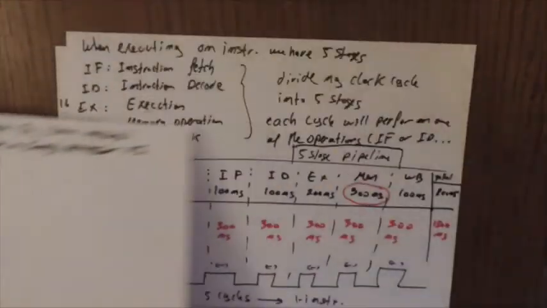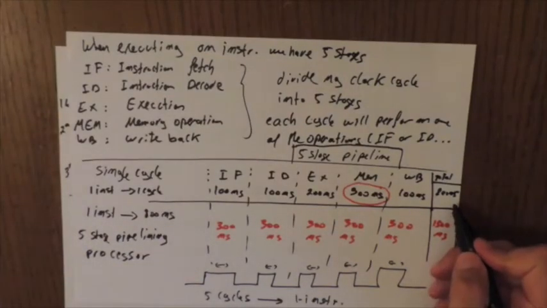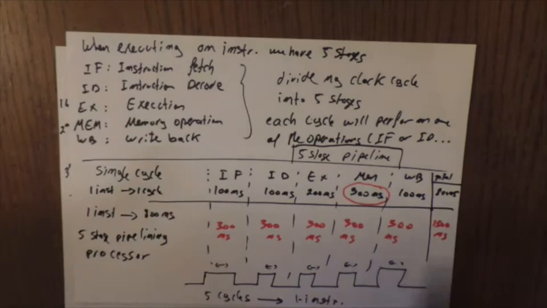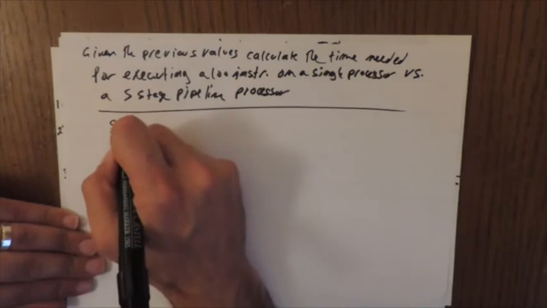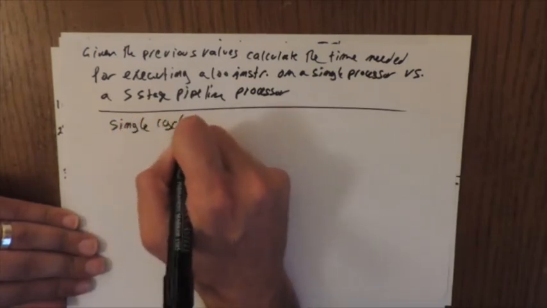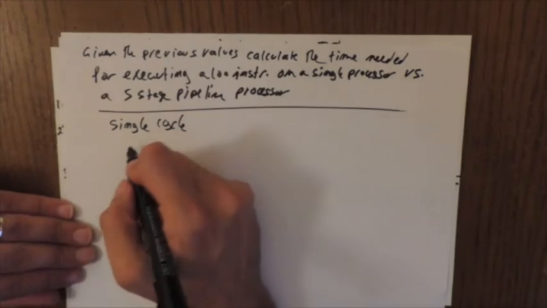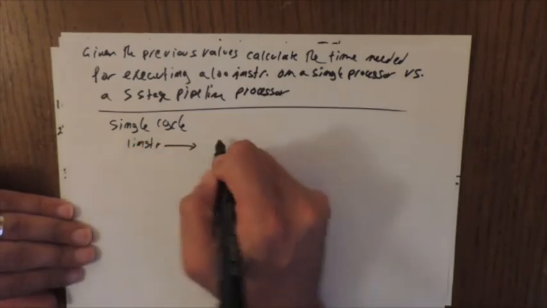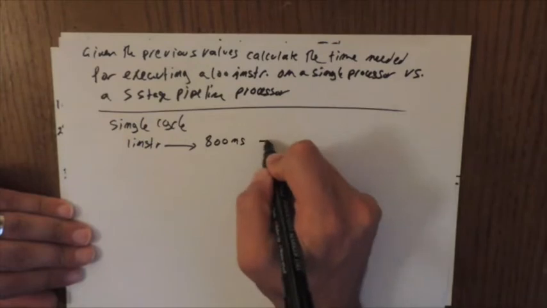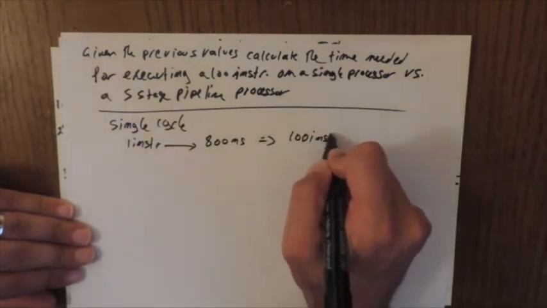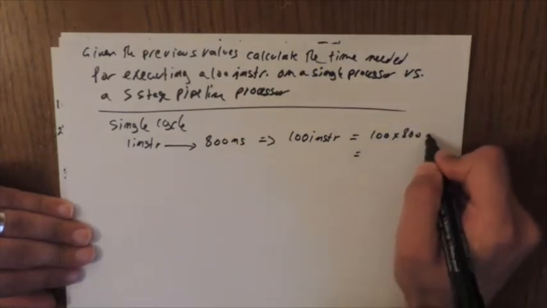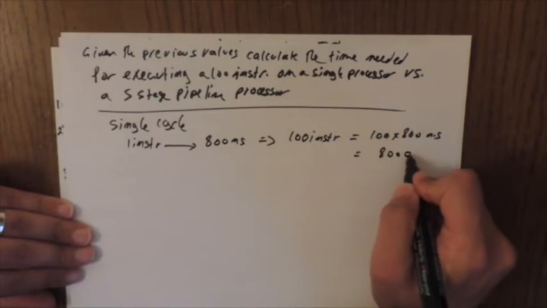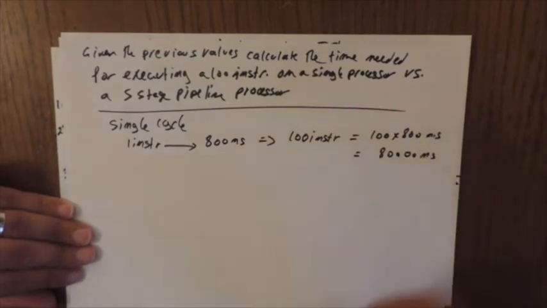So I take a look and I see that I have 800 nanoseconds for a single cycle. Let's take the case of a single cycle first. One instruction takes 800 nanoseconds, which implies 100 instructions will take 100 times 800 nanoseconds, which is 80,000 nanoseconds.